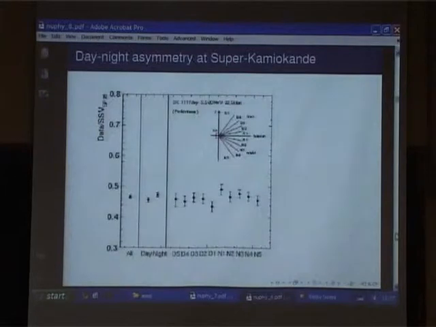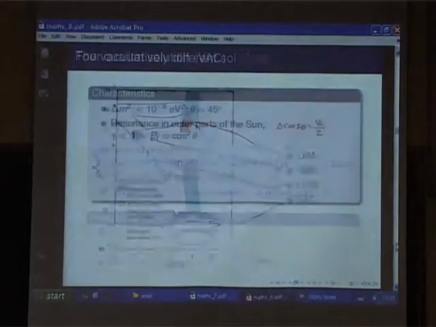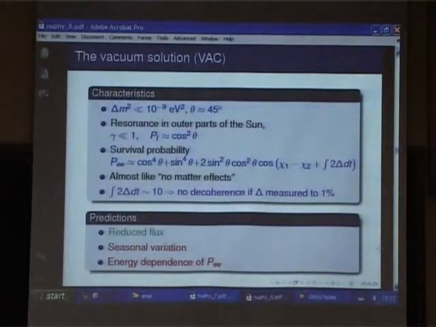Turns out that this spectrum actually fits very well to a flat spectrum, and therefore the spectrum has no energy dependence. That rules out this solution. So although the vacuum solution seemed okay as far as flux was concerned, it failed on account of the energy dependence. So now we have thrown it out. We never considered it.